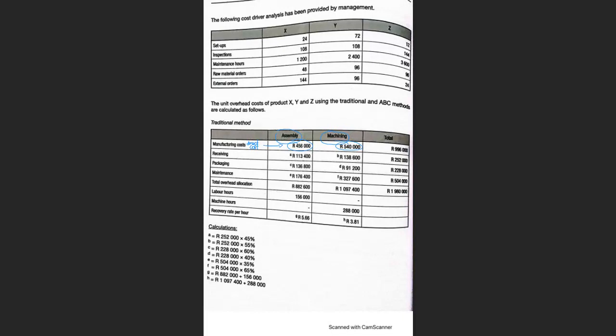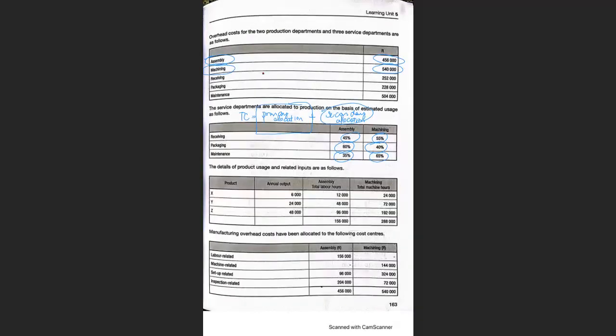Over and above that, it's going to now be allocated. So as I said, total cost is the primary, which is their own cost, plus the secondary cost. So now the secondary cost is the one I had explained to you. We're starting off with the receiving department. So the receiving department we saw on the previous page, its total cost was from here 252,000 rand.